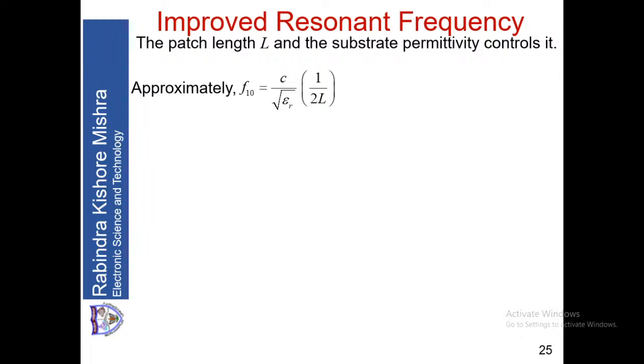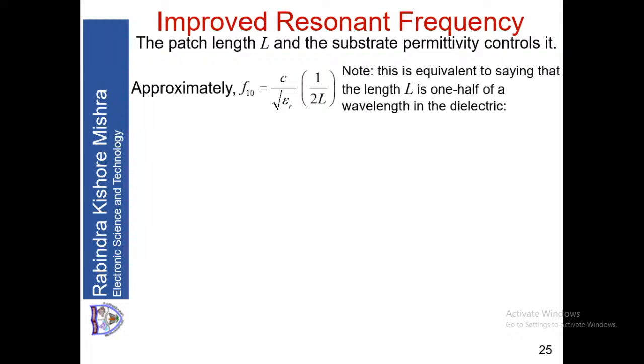What I am saying here is we have to change this L. So if we are going to change this L, then we have to find out how we are going to change it.